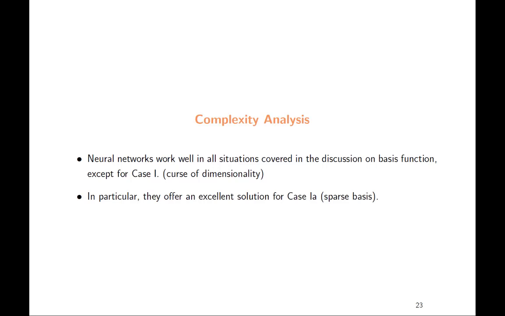But in particular, in case 1, it would in general also have a problem unless we have case 1a, which means that we can model the function with a sparse basis. So a lot of weights on the basis are 0, and the neural network, by this nonlinear adaptation, has a chance of finding the important bases, which are non-zero.